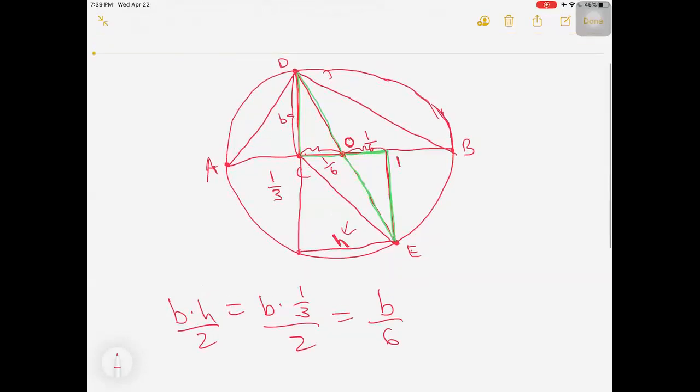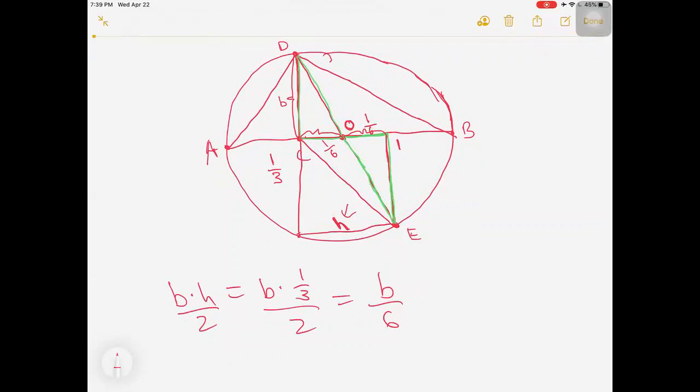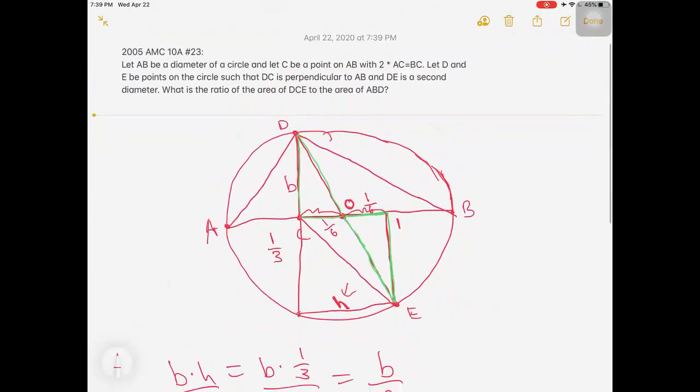All right. So the area of DCE is just gonna be B over 6. And let me remove some clutter so when we find the other area, it'll be easier. Now we find the area of, what's the other one they want? They want the area of ABD, right?